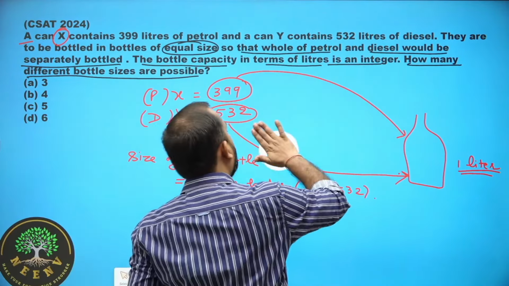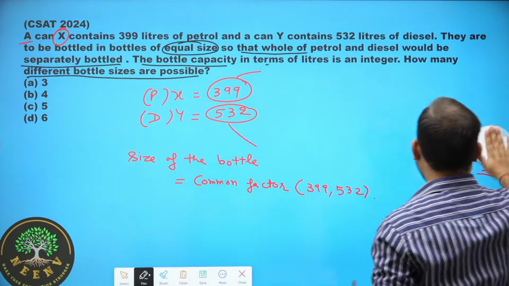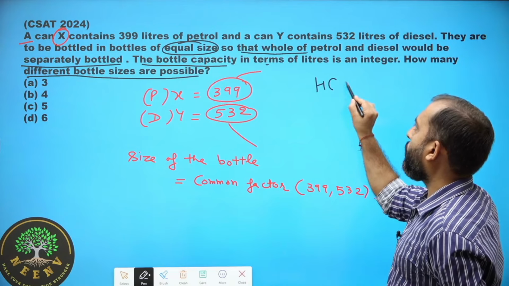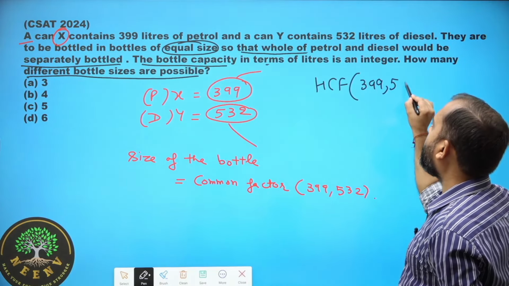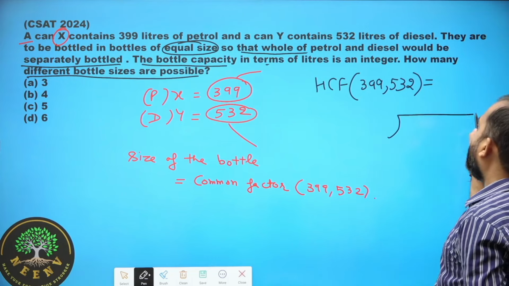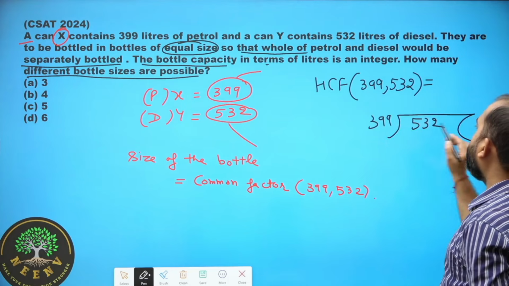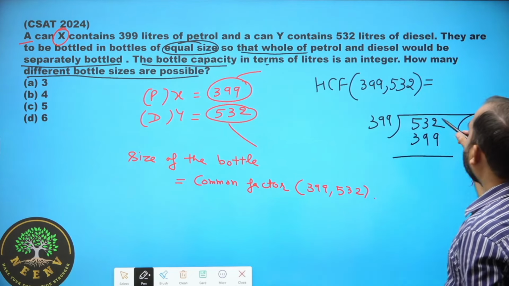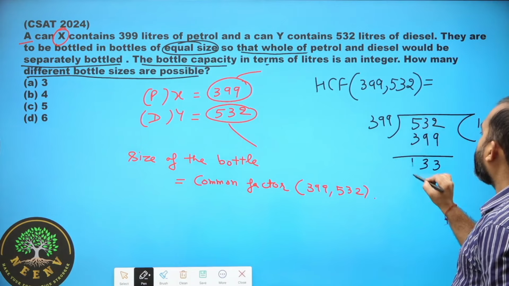Now, how to calculate how many factors are common? For dealing with this, calculate the highest common factor first. Let's calculate the highest common factor of 399 and 532. So, 532 is the bigger number, divided by 399. 399 ones are 399. 12 minus 9 is 3, and 4 minus 1 is 3.